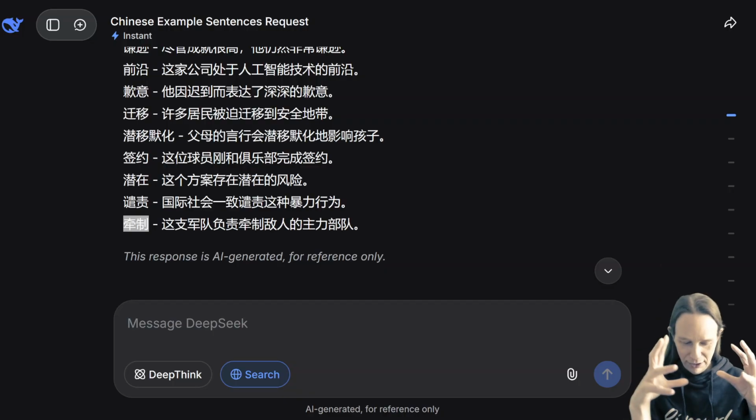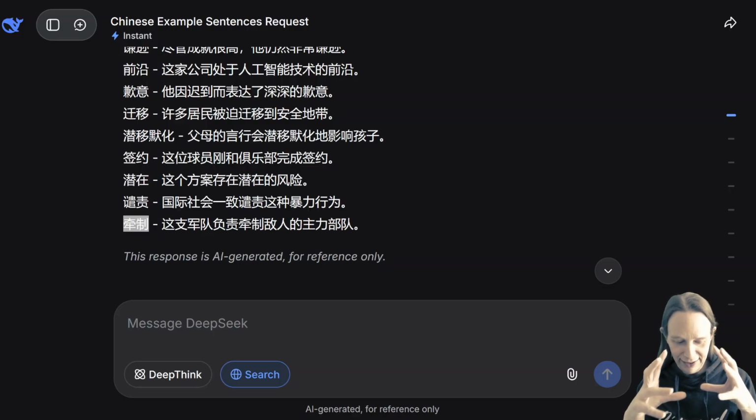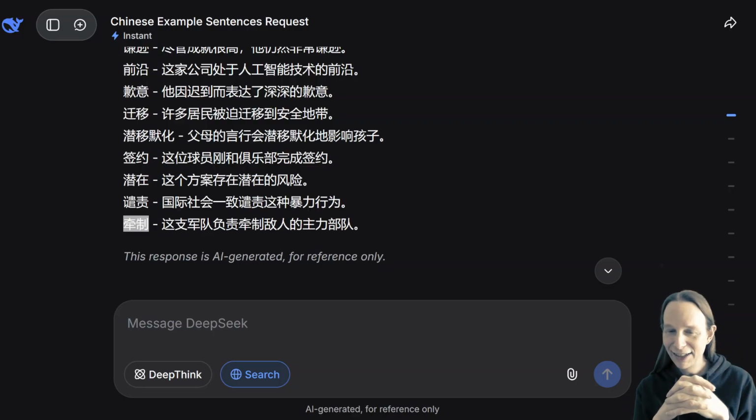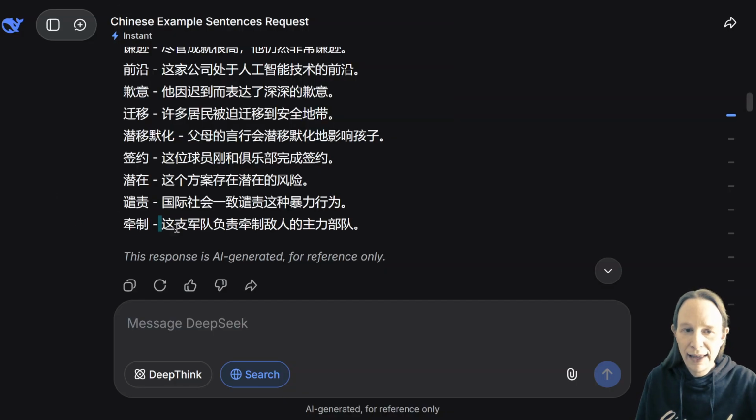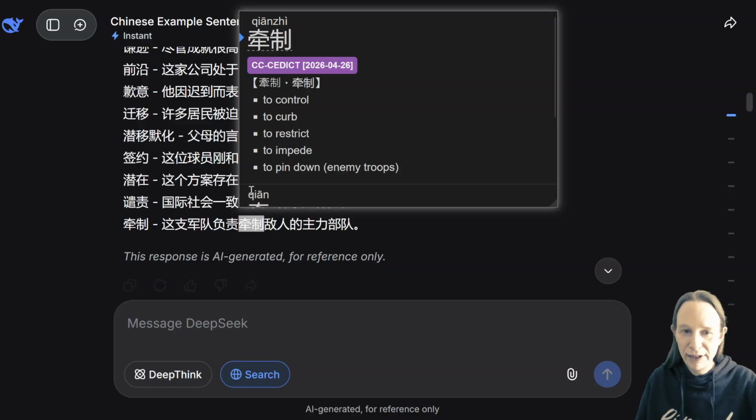So yeah, you're not necessarily preventing in its entirety, but you're clamping down on it, restricting it. All right. 牵制. Yeah. 这支军队负责牵制敌人的主力部队. All right. So this is the military one, pinning down enemy troops.